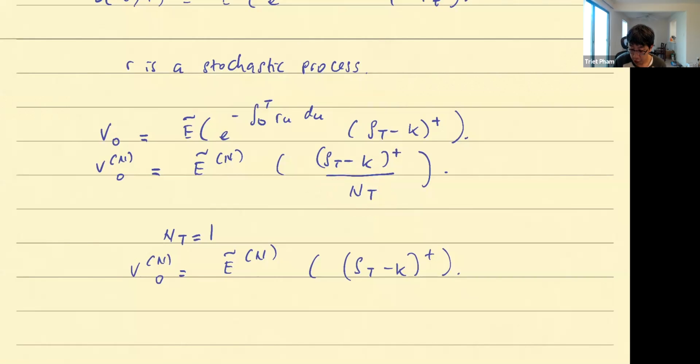But I say that magically somehow I can choose a numeraire such that N_T equals 1, right? Then that really simplifies. Is there anything like that that I can use, or it's just my invention? That's just wishful thinking. There's no such thing, right? There's nothing as good as that. Or is there? Is there any way we can go from here to here with a legit choice of numeraire?